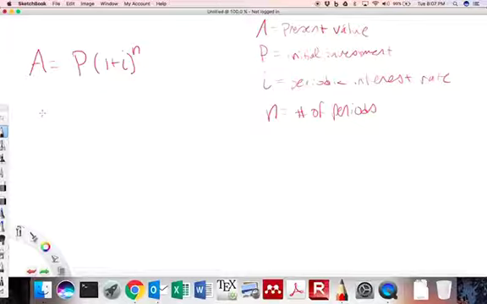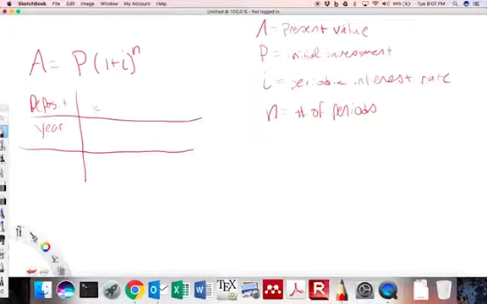So our book suggests that we think about this as a timeline, and that's not such a bad idea. So what we have is deposit number and year. The initial deposit is $100, and this is the initial year.